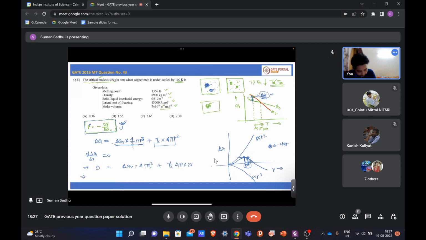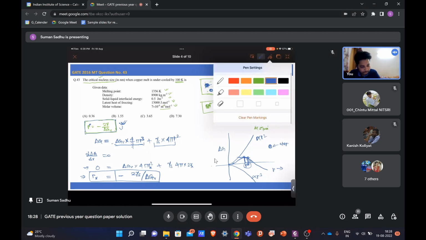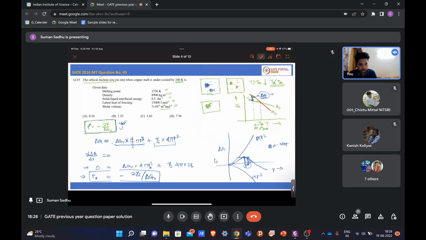This will be r star because we are considering this critical point. So from here we'll get that r star is equal to minus 2 gamma s divided by delta GV. Using this equation we can calculate the critical radius.